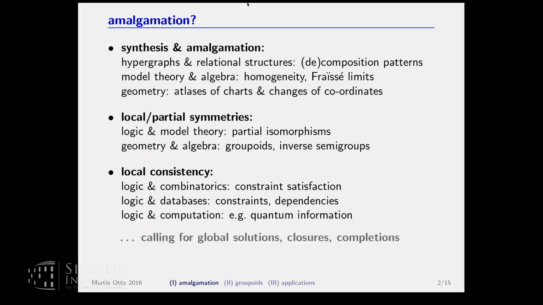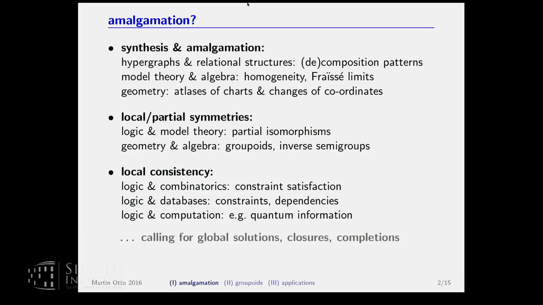Local and partial symmetries occur, of course, in logic. In model theory, partial isomorphisms are local symmetries, partial symmetries, and then sometimes you can extend them to global symmetries. Algebraically, this deals with groupoids or equivalently inverse semigroups much more than with the sort of perfect symmetry behavior that is reflected in a group.